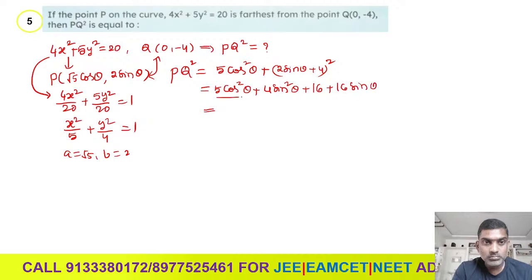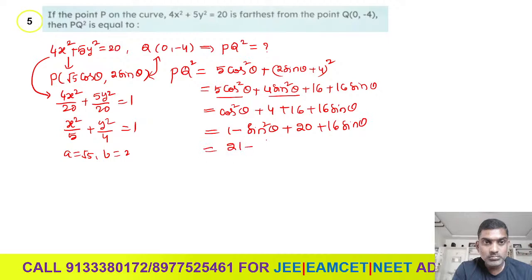So here 5 cos square theta plus 4 sin square theta, this is nothing but cos square theta plus 4 plus 16 plus 16 sin theta. So cos square theta is 1 minus sin square theta, 4 plus 16 is 20, 20 plus 16 sin theta. So this is nothing but 21 minus sin square theta minus 16 sin theta.